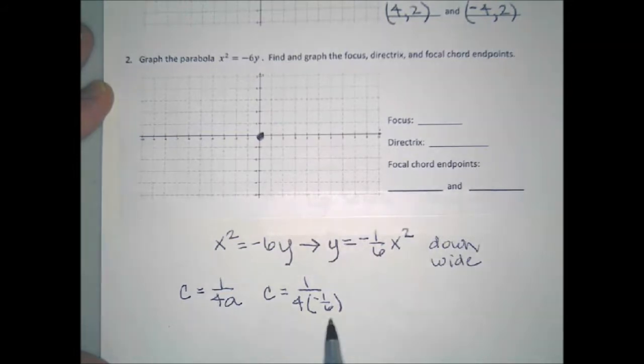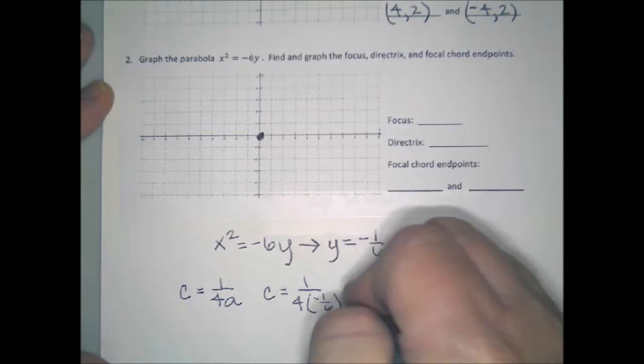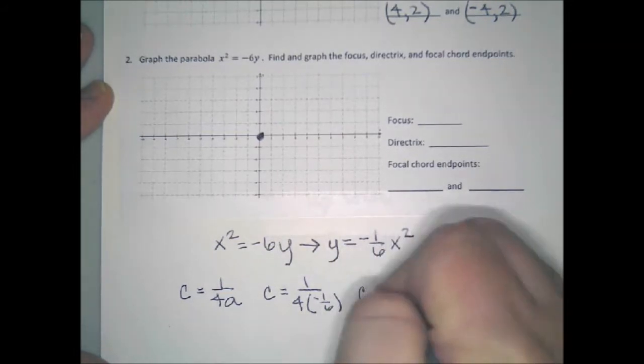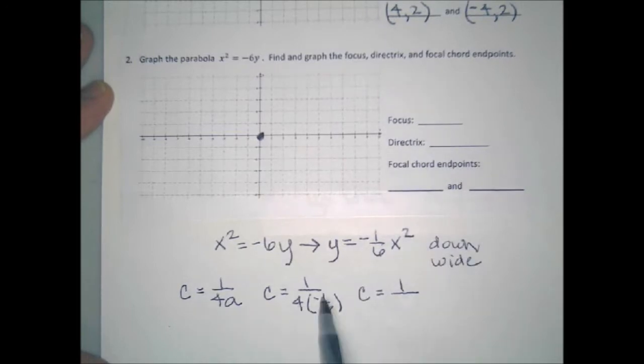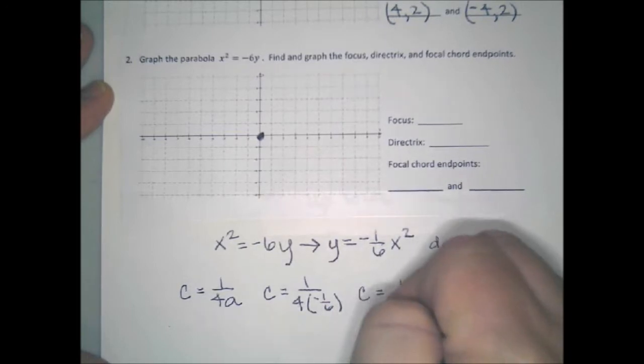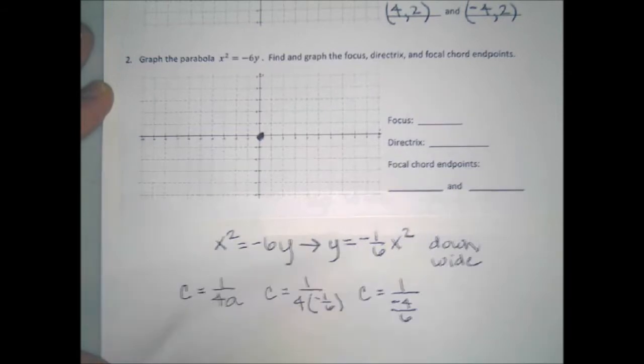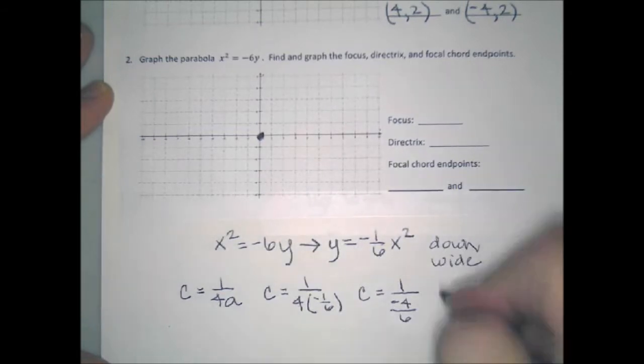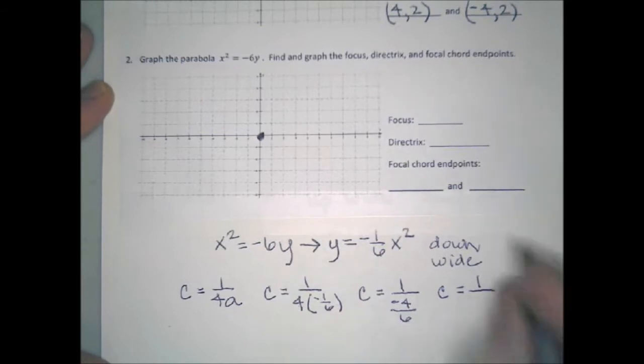Now, this isn't going to turn out as clean as the other one. c equals 1 over, now 4 times negative 1 is negative 4 over 6. And if I reduce that, that's 1 over negative 2/3.